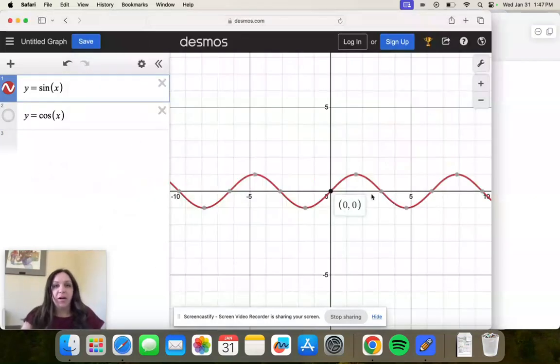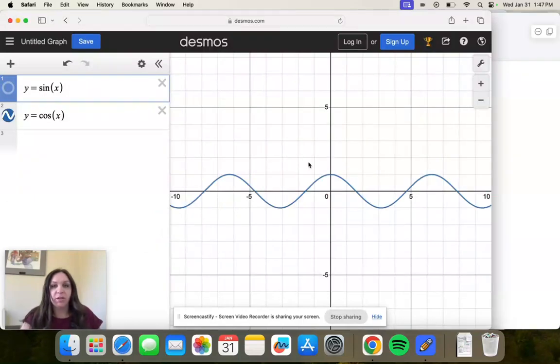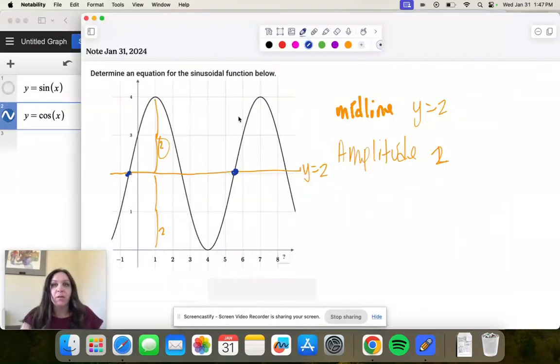And then cosine, the y-intercept is the maximum, which is right here. So this one could be written either way.